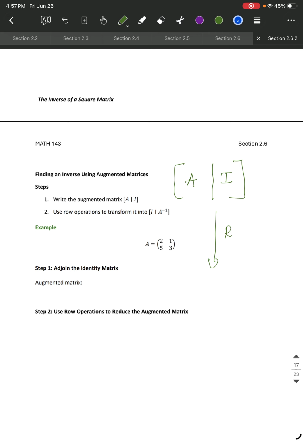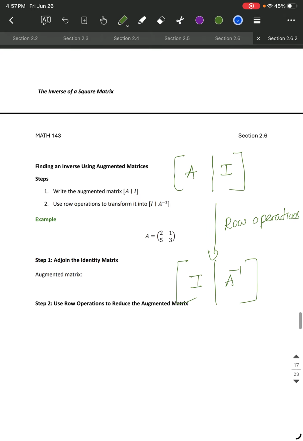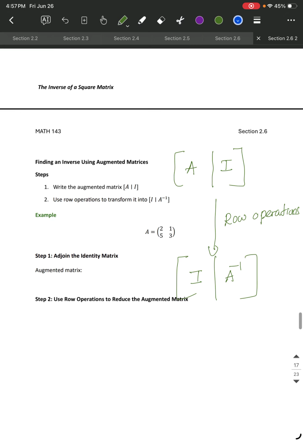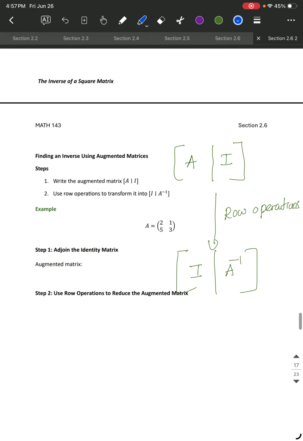Then do the row operations until you get the right side is I and the other side you will get the inverse matrix. Right? So you can see the given example here, try it by yourself.